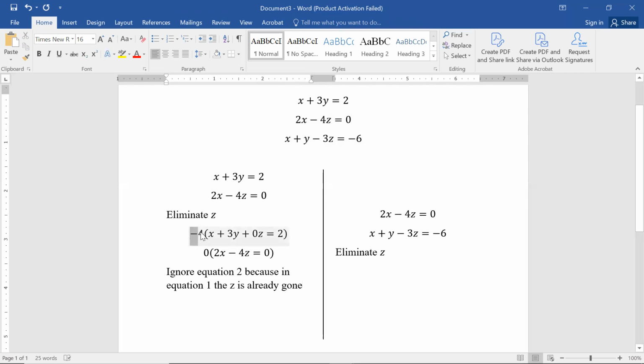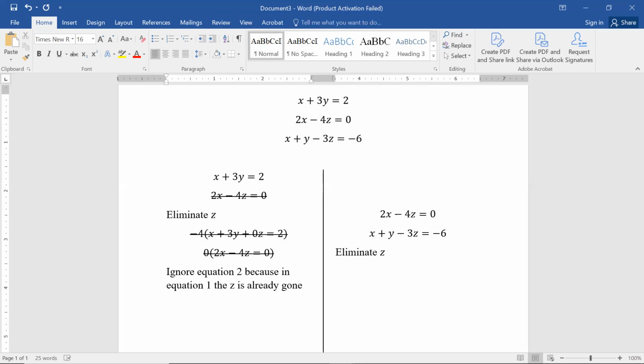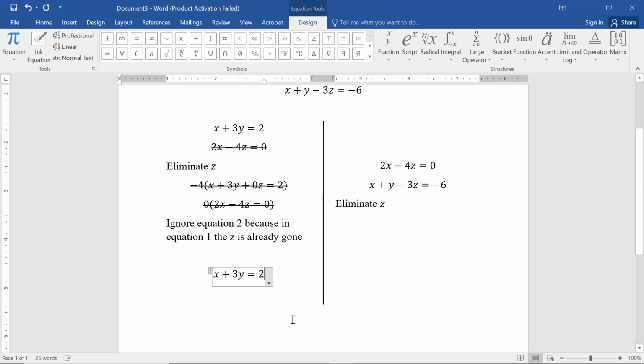So instead of trying to do this using elimination, I am going to cancel that out, and I'm just going to simply ignore equation 2 because the z is already gone in equation number 1. I'm going to just reuse equation number 1. X plus 3y equals 2. That's an equation with 2 variables, x and y, and z has been eliminated.